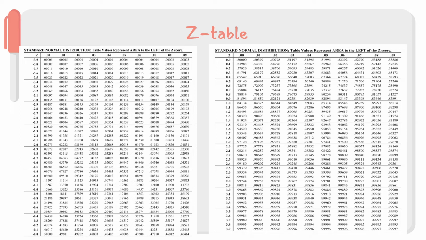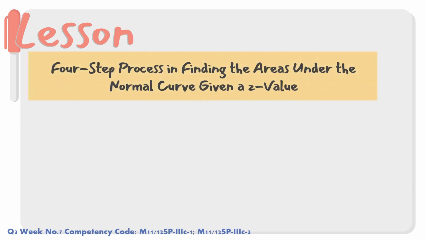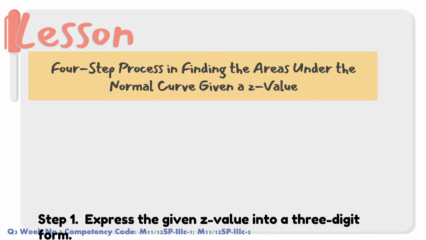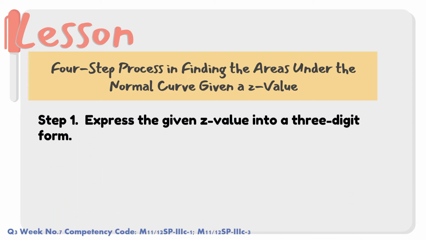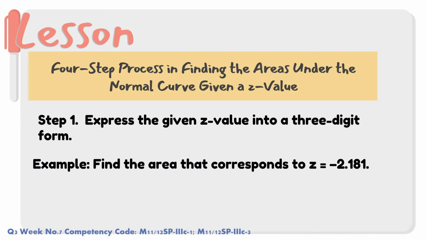For any given z-score, we can compute the area under the curve to the left of the z-score using the z-table. To find the area under the normal curve, given a z-value, follow these steps. Step number 1, express the given z-value in 3-digit form. If the given value has more than 3 digits, round it off first to the nearest hundredths.